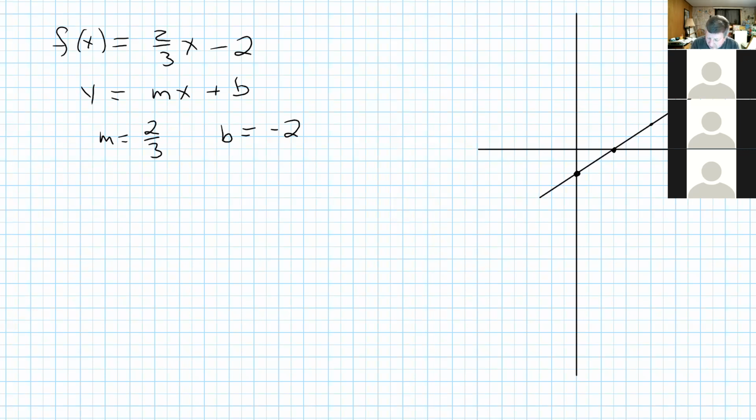And I'll put some arrows on the ends of it. And I'll move this out of the way so that you can see it. So there is the graph of f of x equals 2/3 x minus 2. Does anybody want me to go back and find the same graph, but using ordered pairs instead of slope-intercept form?